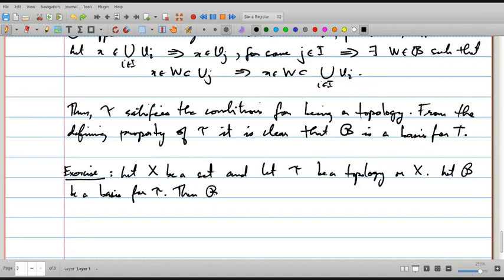Then B satisfies the two conditions in the previous proposition.